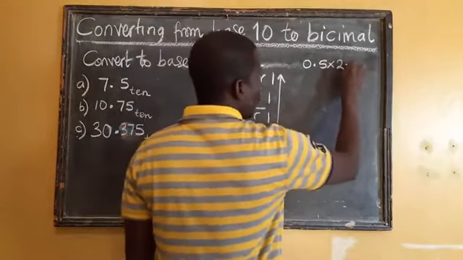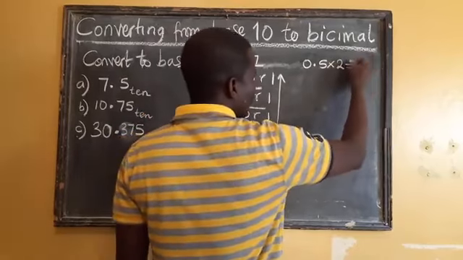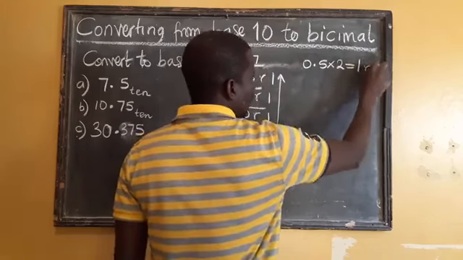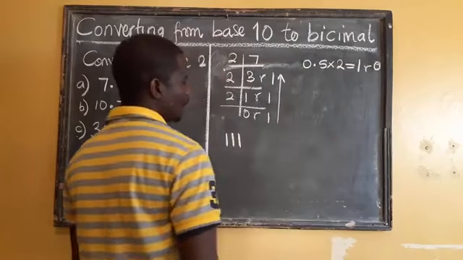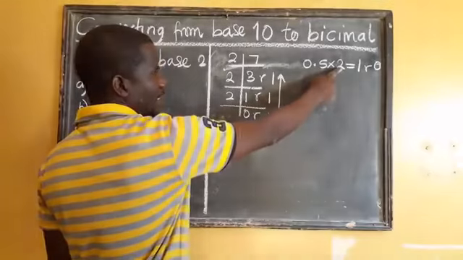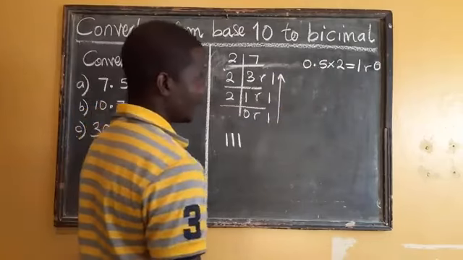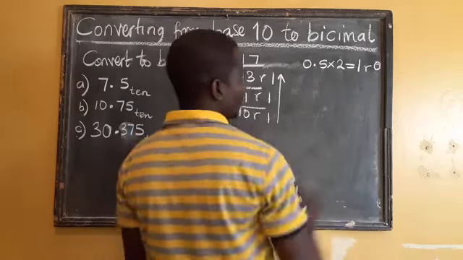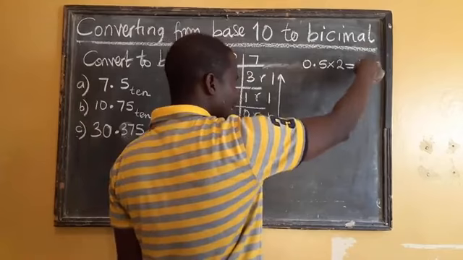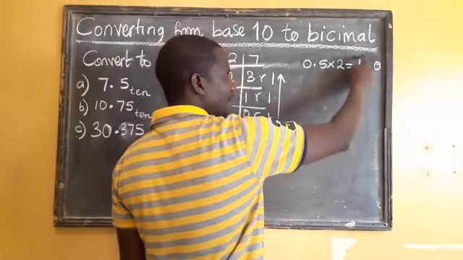So, when you multiply this number by 2, what do you get? You get 1, remainder 0. When you multiply 0.5 by 2, you get 1, remainder 0. So to get the answer, we are not going to get the remainders here, we get the whole numbers.